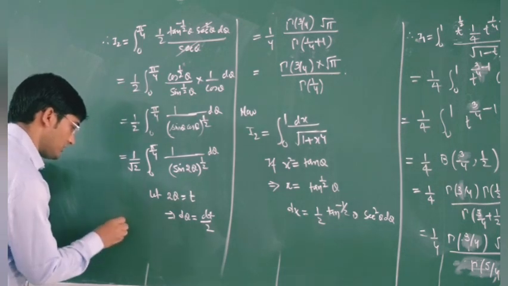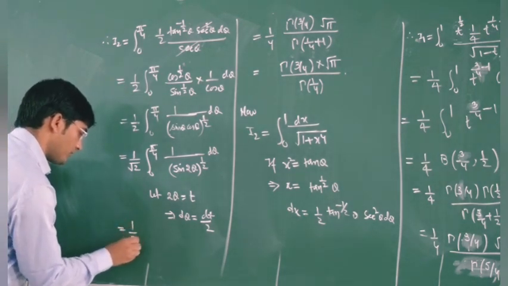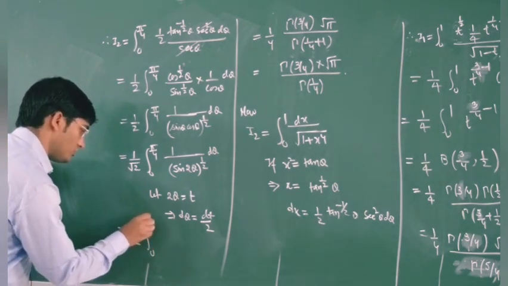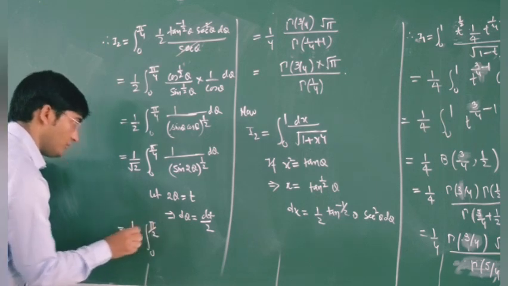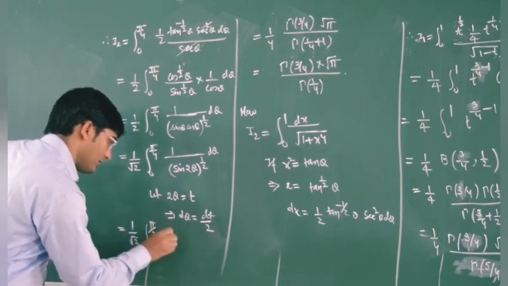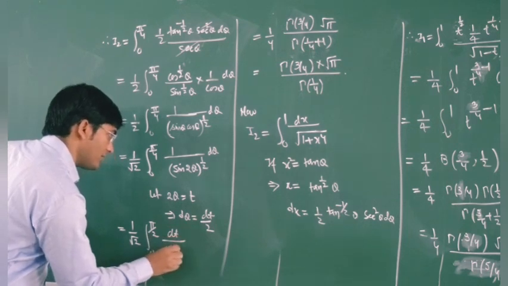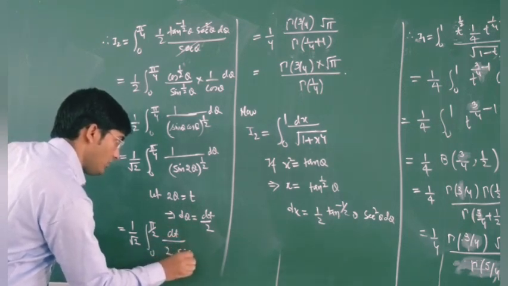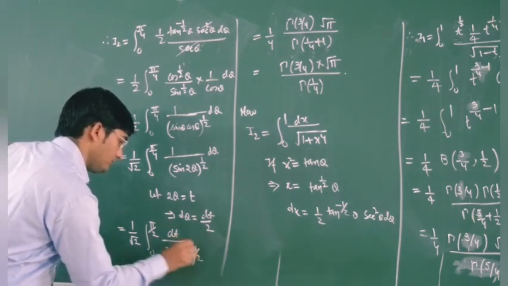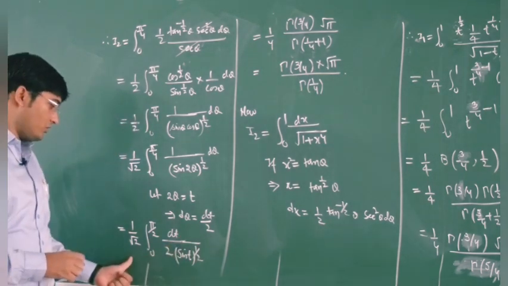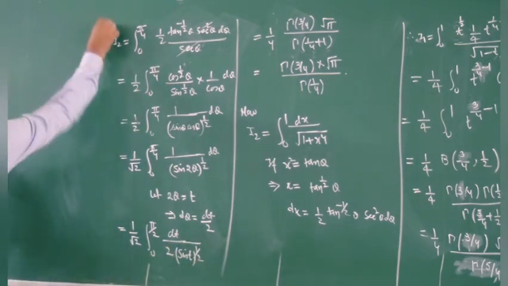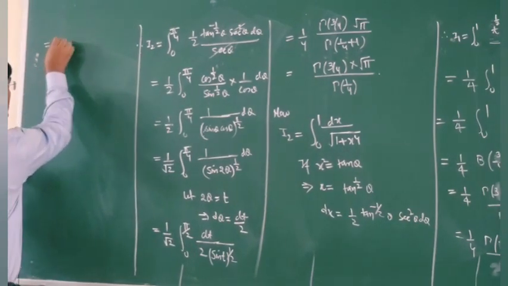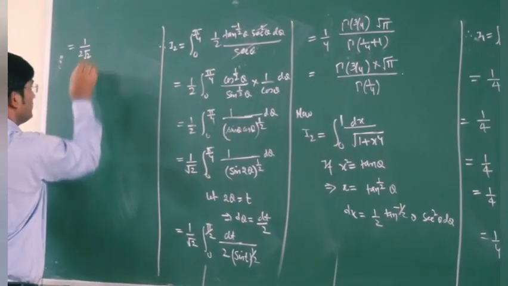So this is equal to 1 by root 2, with limits 0 to pi by 2, and d theta is dt by 2, and here we will get sin t power half. Now this will be 1 by 2 root 2.